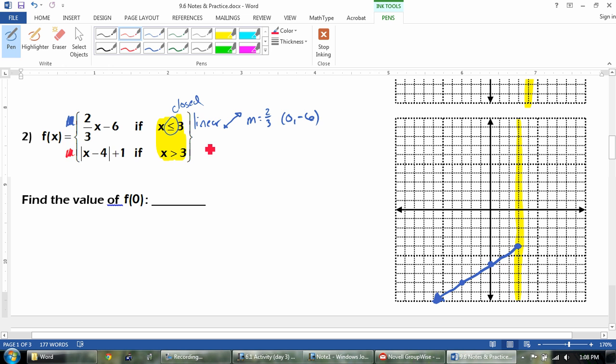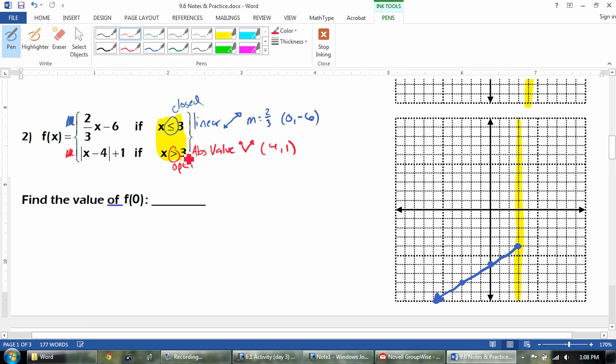Now our second graph that we have to put on here, our second function, is absolute value. There is no reflection, so it's going to be going up. And then our vertex is the point (4, 1). Okay, so at (4, 1) we start.